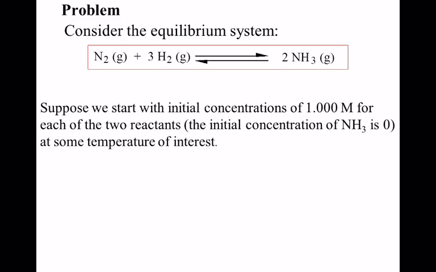Kc is equal to, it's always products over reactants, so it's NH3 raised to the second power, my bad, you guys would have caught that, divided by the molar concentration of N2 raised to the first power times the molar concentration of H2 cubed.